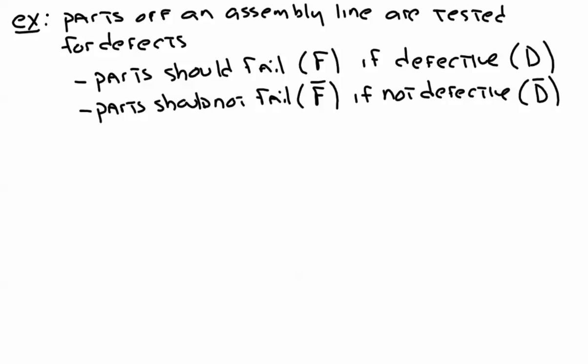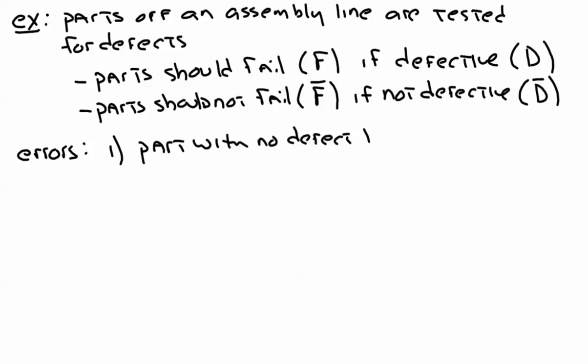All right, but I can make errors. I've got two types of errors that I can make. The first error is a part with no defect fails the test. It's possible for a part with no defect to fail the test. No test is perfect.